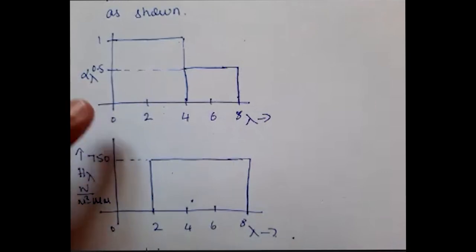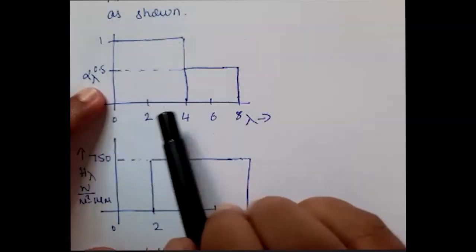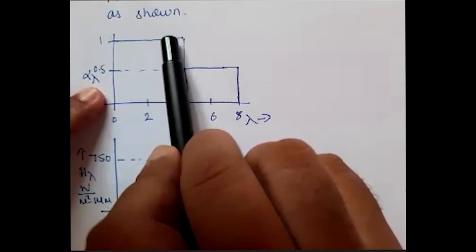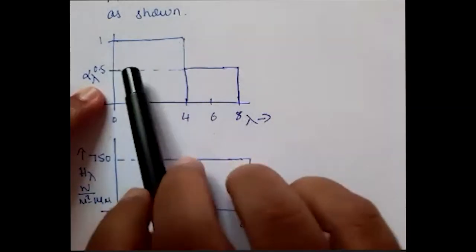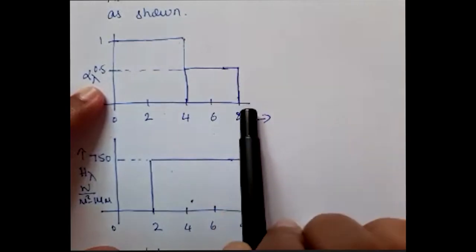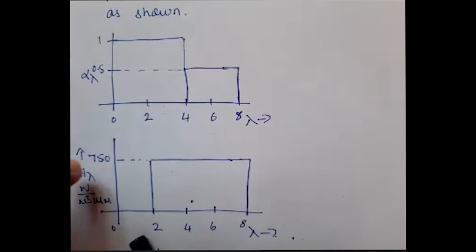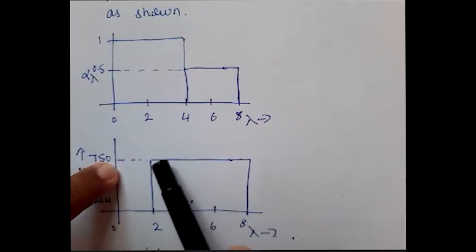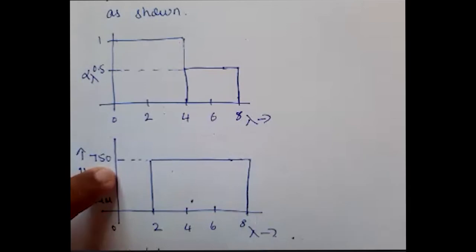The absorptivity varies from 0 to 4 with the value of 1, and from 4 to 8 with the value of 0.5. And H lambda, the monochromatic irradiation, in between 2 to 8 has a value of 750.